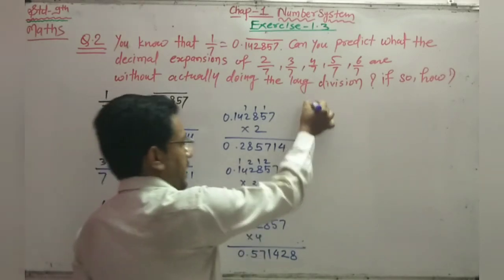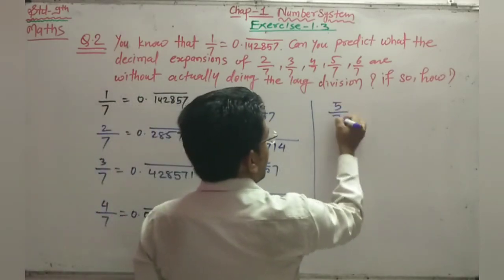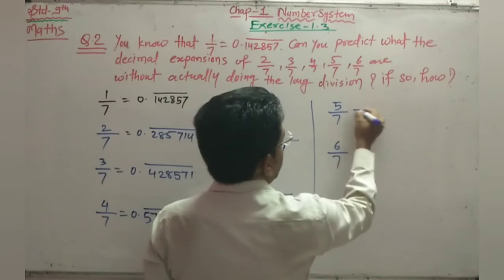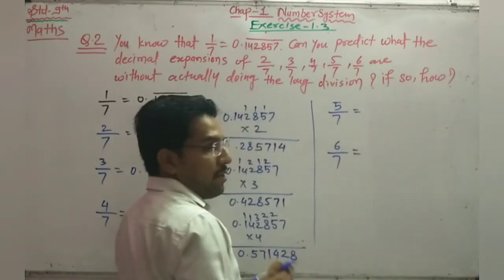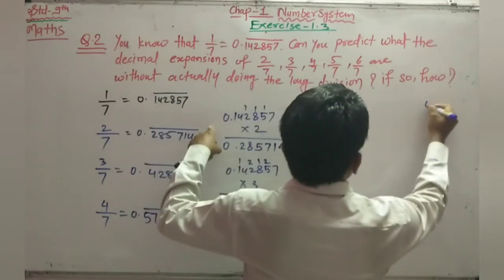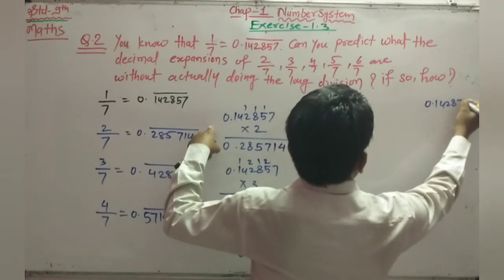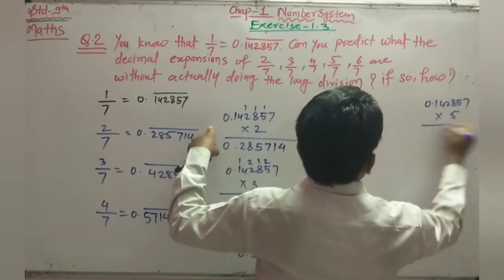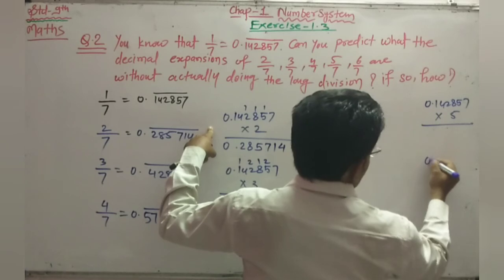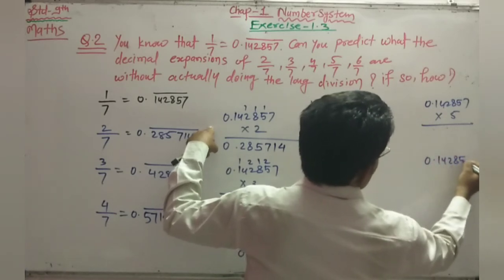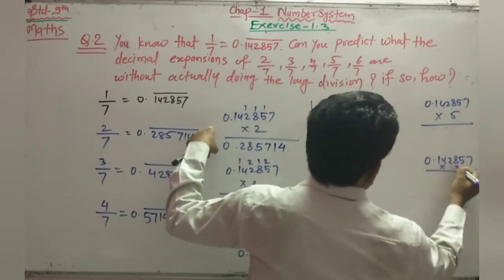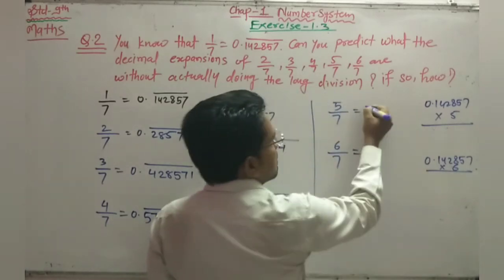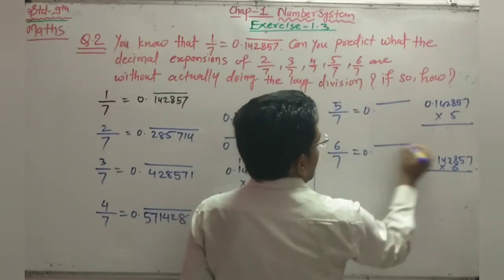Now the next, 5 upon 7 and 6 upon 7. For 5 upon 7, you just do it yourself: 0.142857 multiplied with 5, and 0.142857 multiplied with 6. Whatever the answer is, that is your answer to the question.